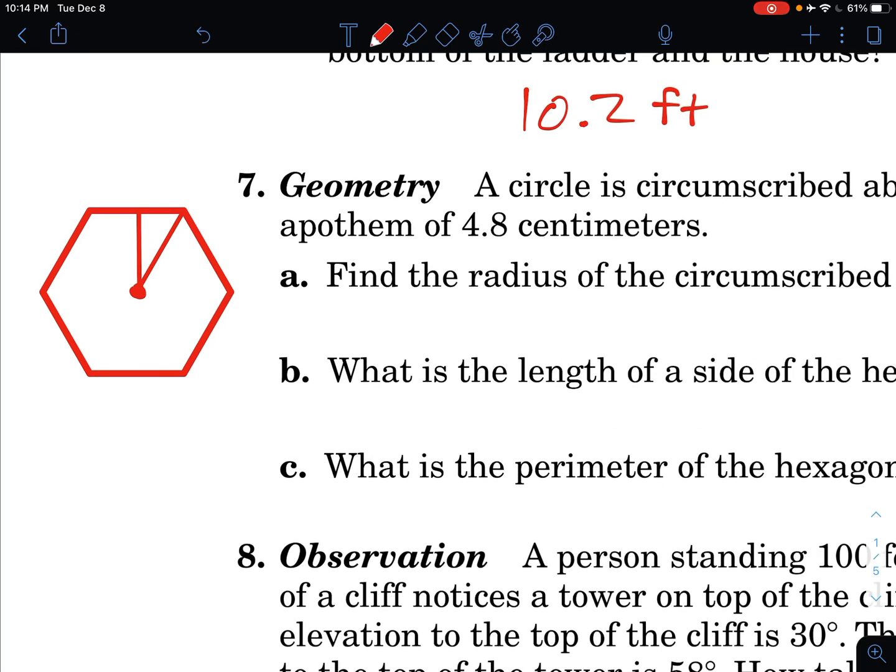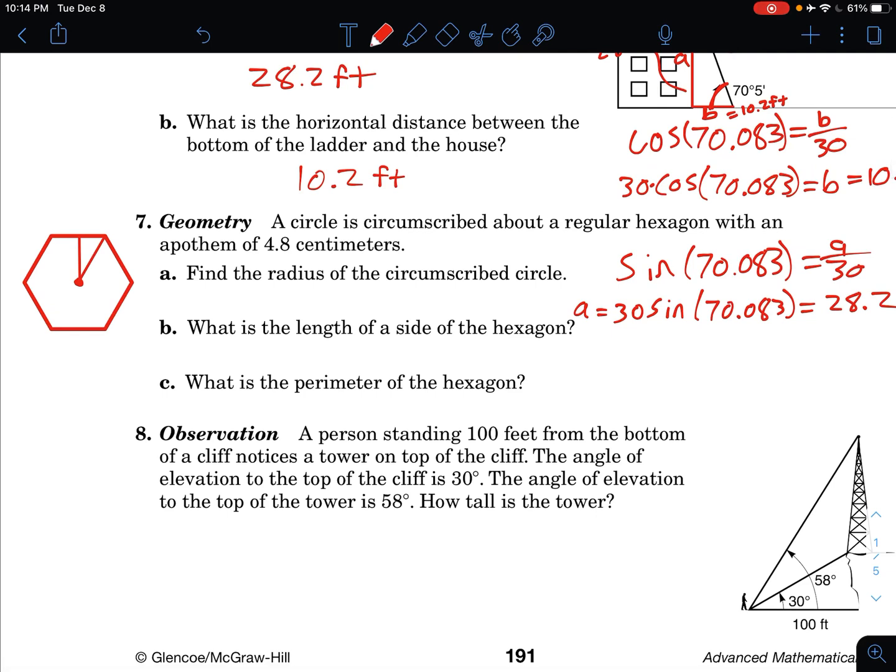And if you don't remember that from geometry, don't worry about it. There's a lot of language in this problem that you're not going to remember necessarily. It says find the radius of the circumscribed circle. Circumscribed means it's going to be on the outside of the shape. Inscribed would be inside. Circumscribed is on the outside.